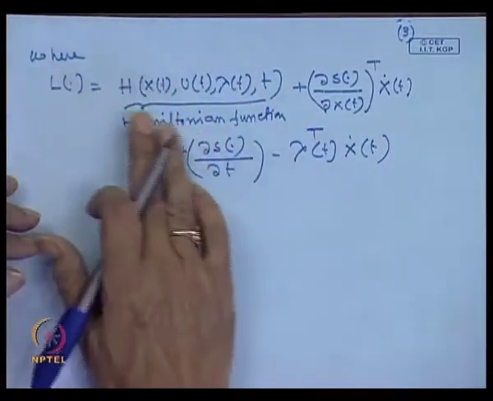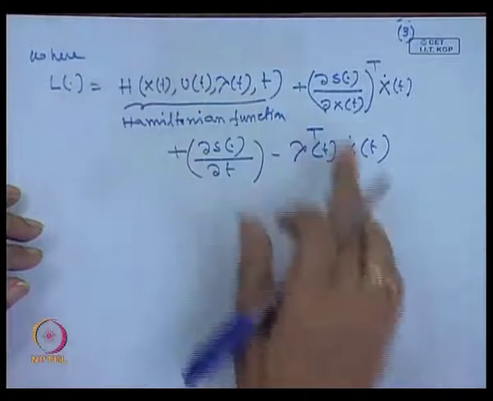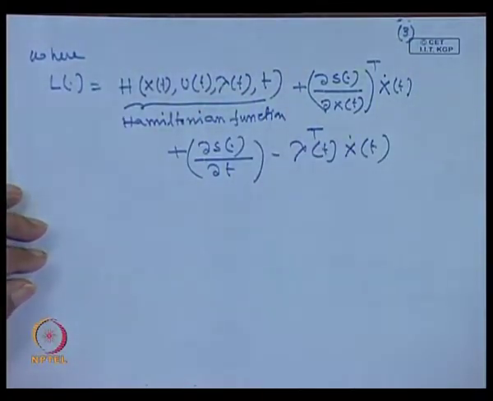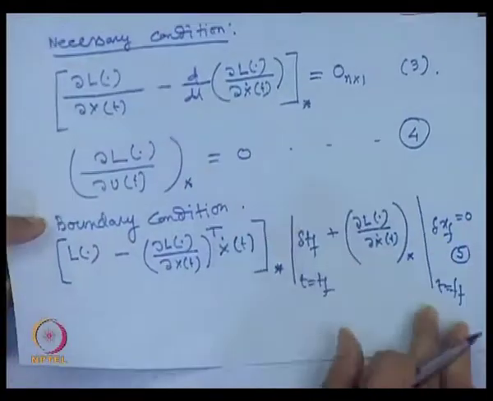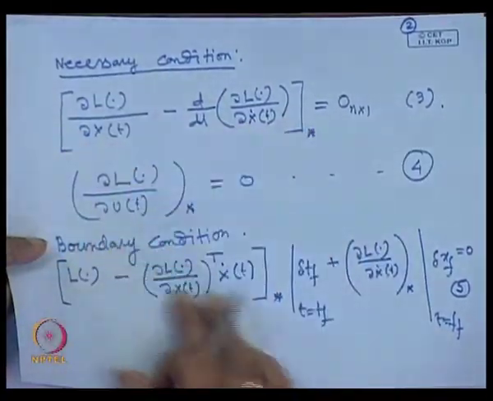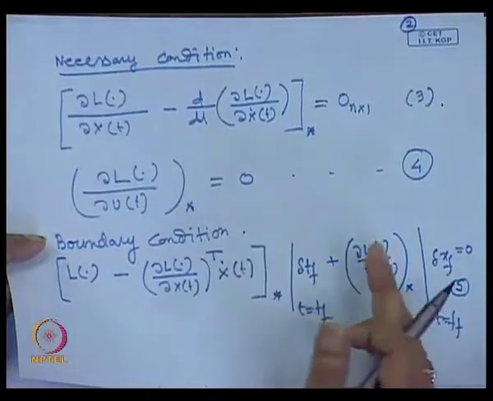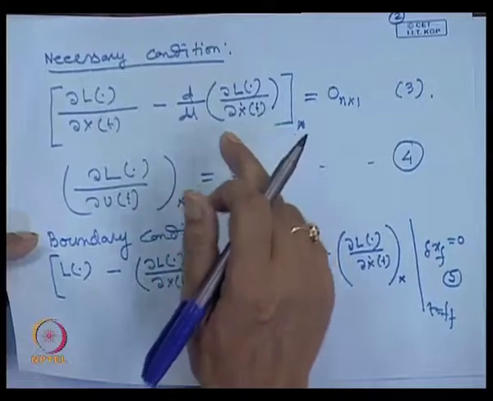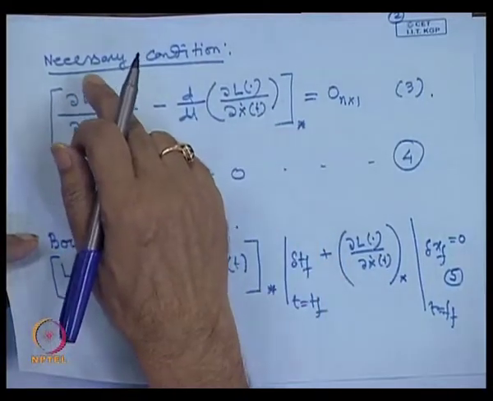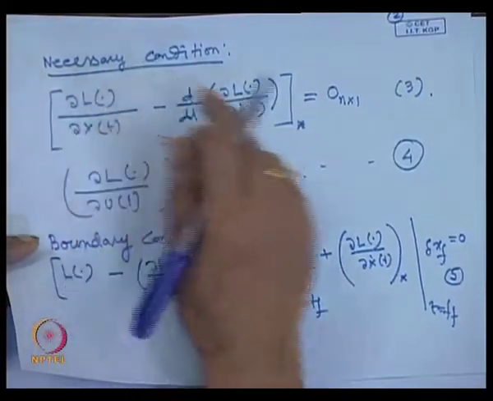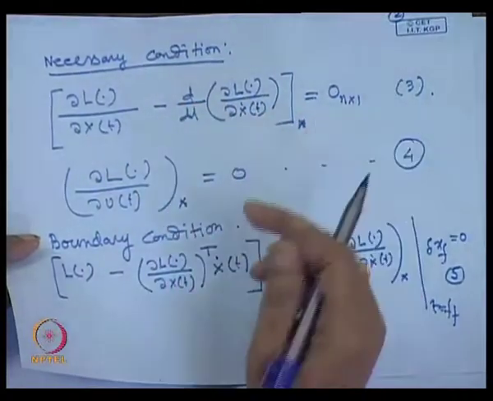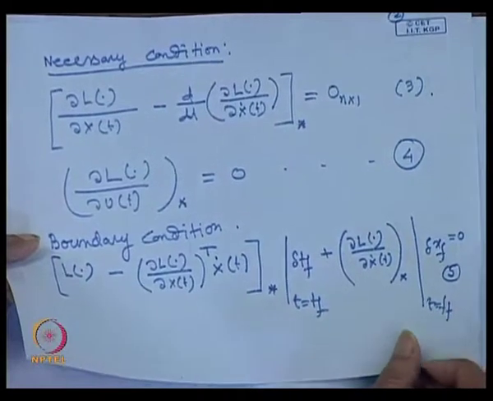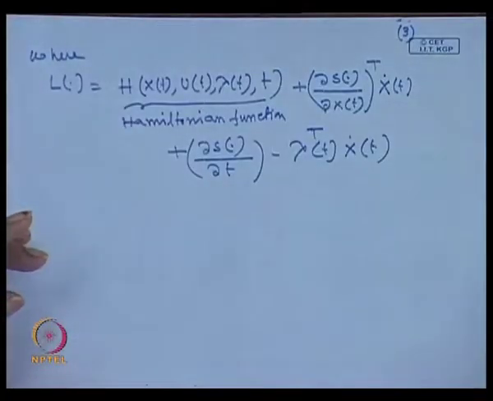Because we have expressed the necessary conditions, equation numbers 3, 4 and boundary condition 5. If we express this in Hamiltonian function, then we will see, if the system is described in a state space form, in place of the Lagrangian function, a set of equations will come in a simpler form, and it will be easier to solve.